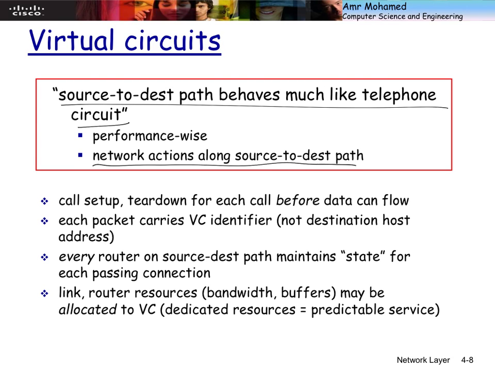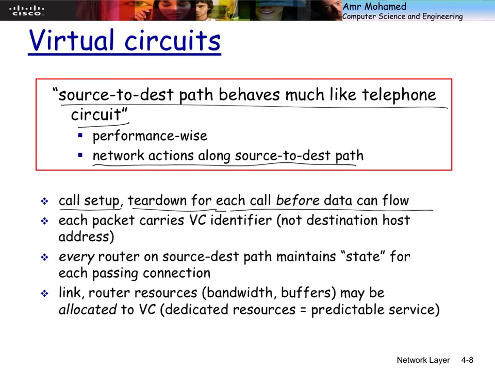This is done through what we call call setup. First you have call setup, and then at the end of the communication you have a tear down for each call. So call setup, then you start data flow between hosts, and at the end you tear down the connection.